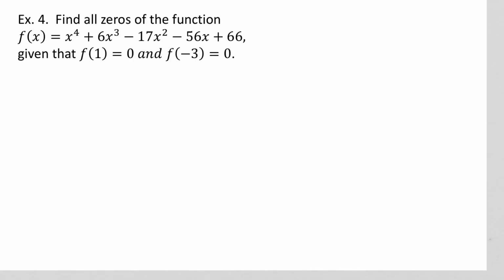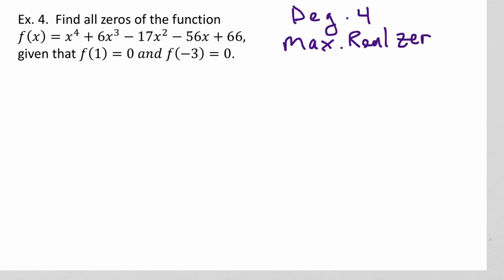Okay, here's our final example here. Once again, we're given a degree 4 polynomial, which means the maximum number of real zeros is 4. All right, we're only dealing in real zeros in this unit. Okay, now we're given some information here.